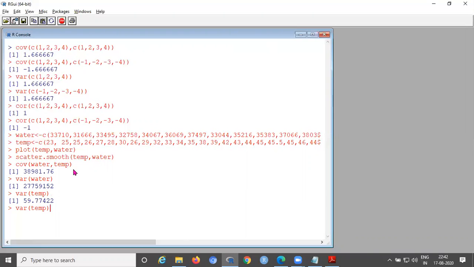This is the value. Then use correlation, which is similar to covariance, which takes two vectors. Now you can see this is the correlation value. You can substitute these values manually also using the formula for the correlation coefficient. So this is the result, with our own data, the water and temperature.